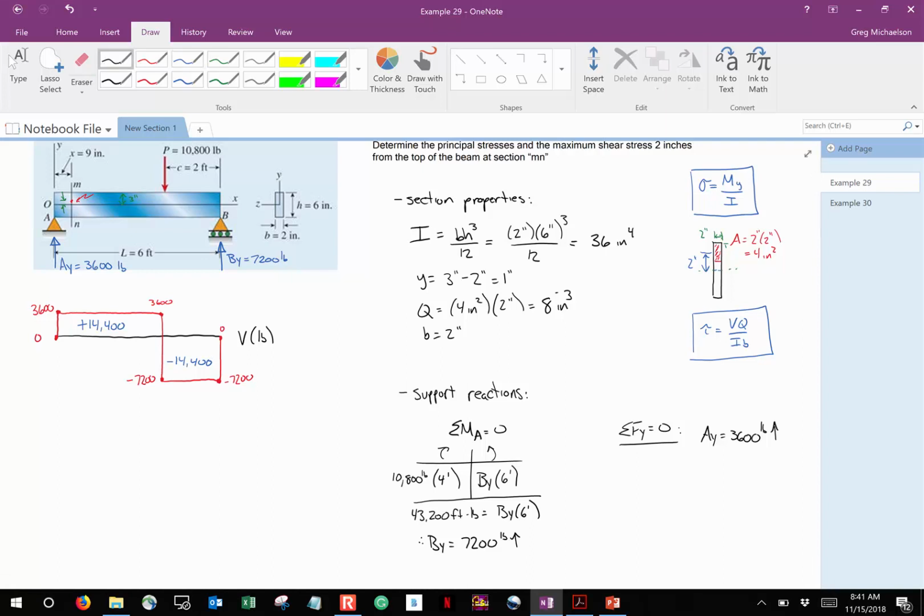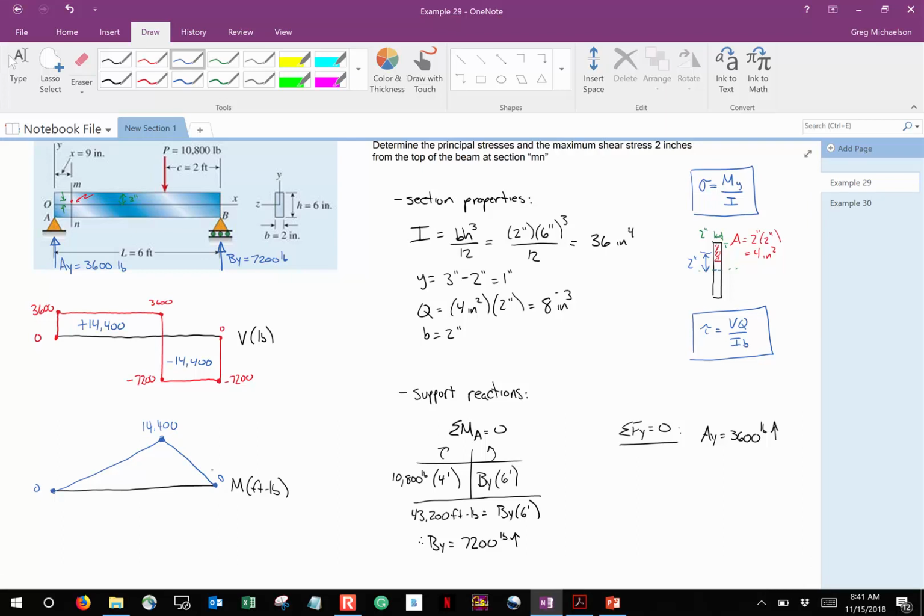So if we have that, we can draw our moment diagram pretty easily. In foot-pounds. Start at 0. Go up to 14,400 linearly, and then go back down to 0. And that's our shear diagram, and that's our moment diagram. So that's the easy part.